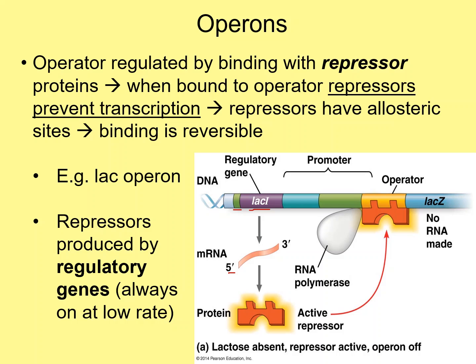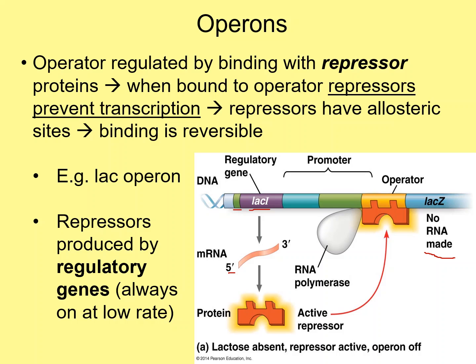It's being blocked. So basically no transcription is happening, so no RNA gets made in this particular situation. It's always the active form of the repressor that's bound to the operator. So those regulatory genes are always on. They're always making the repressor molecule at a low rate.